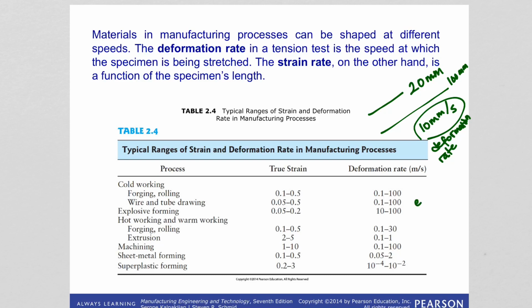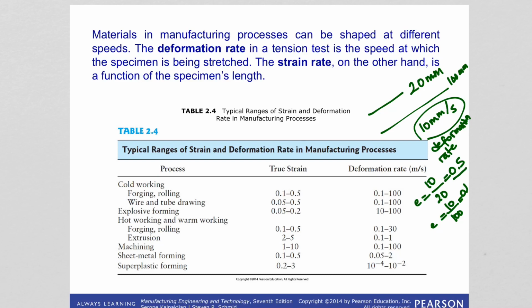We know the strain is 10 over 20 for the first one. And for the second one, second rubber band, it is 10 over 100. So that means the short one is being stretched at a strain rate that is 5 times higher than that for the long one, right?